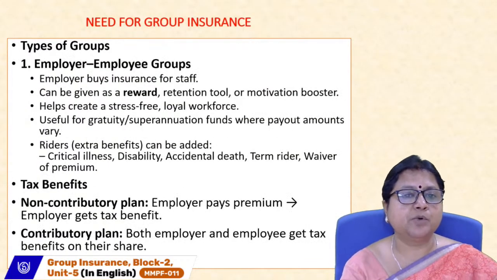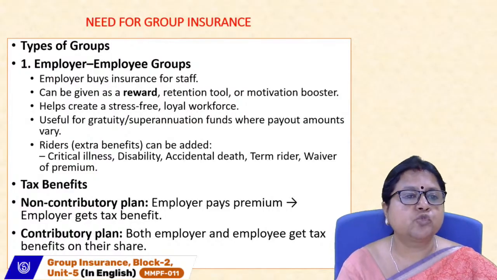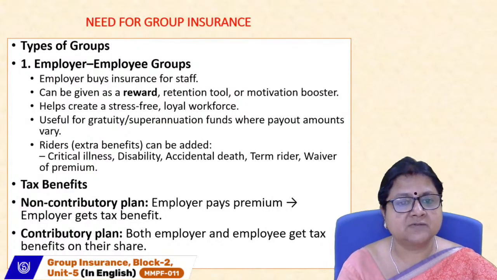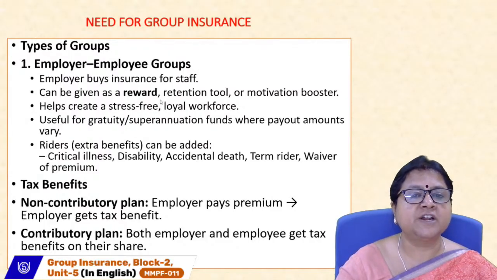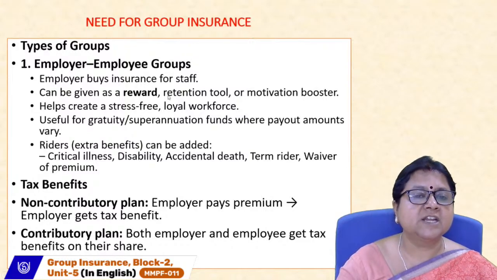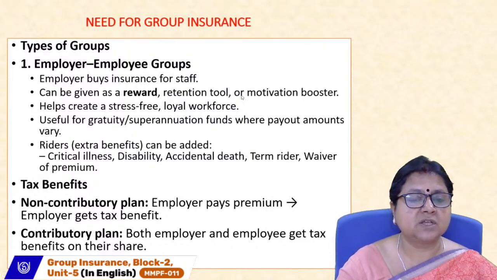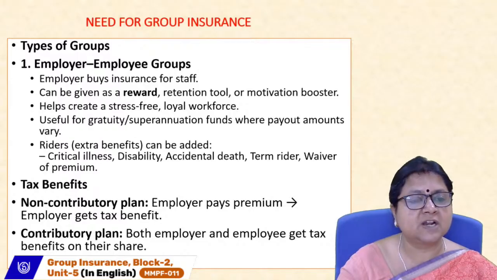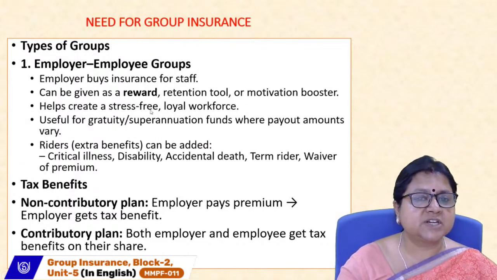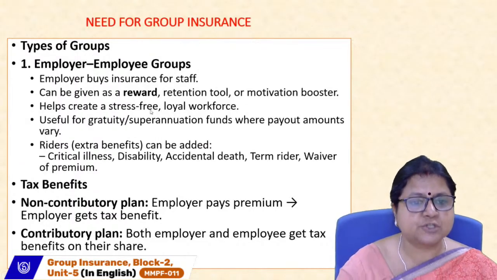Types of groups can be employee groups. So the employer buys insurance for the staff, as we were discussing now. It can be given as a reward, retention tool, or motivation booster. This can create motivation in the minds of the employees that they have safety and security of their life. It helps create a stress-free, loyal workforce.